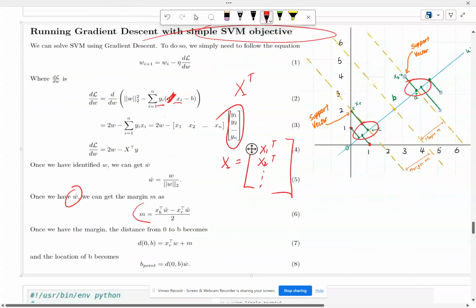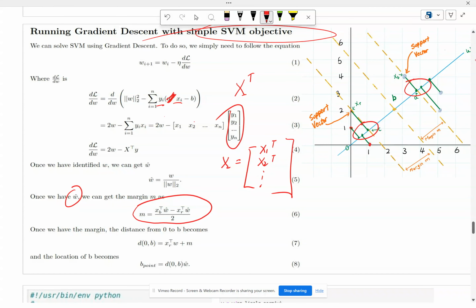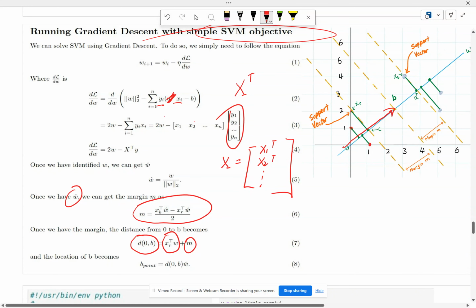Okay, so that gives you M. Now that you know M, you can find D, the distance from 0 to B, as the margin plus W hat transpose W. I think this should have been a hat. And this allows you to find the B point, because you know this whole thing and you can just calculate this.